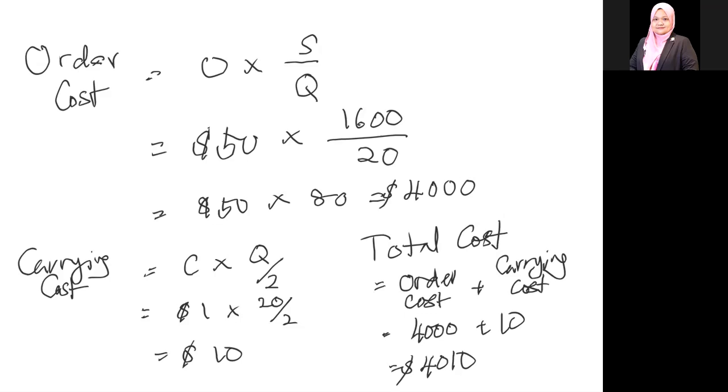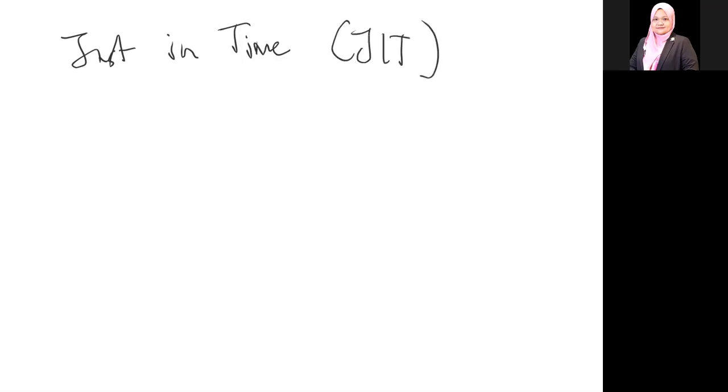Okay, next, in managing the inventory, there is one system we call the just in time management system, JIT, not JNT, it's JIT. The just in time system would minimize the inventory investment by having material inputs arrive exactly at the time they are needed for production.